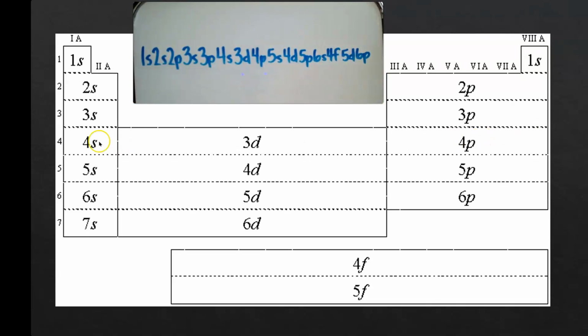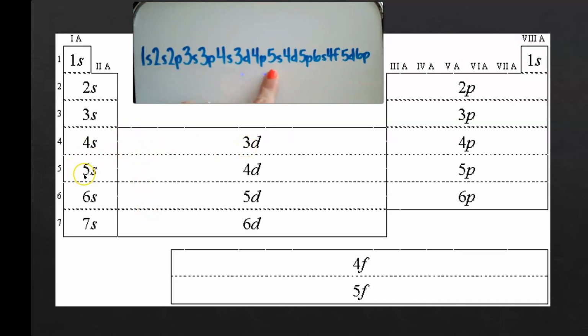Now as I keep moving across, I go through 4s, and here's the tricky part. I step down in my principal energy level because this is where the overlap begins, and I get 3d followed by 4p. Every time we step down into the D block, we're going to step down in our principal energy level.